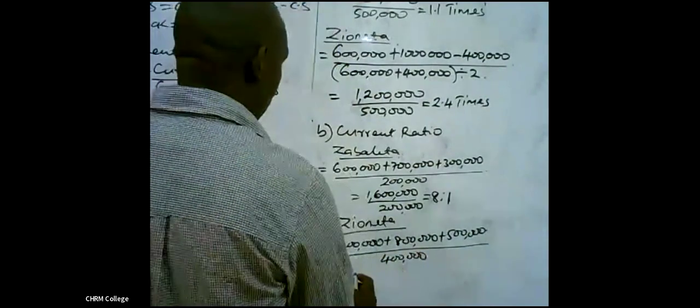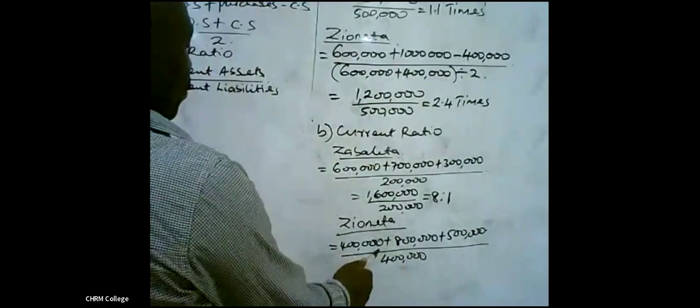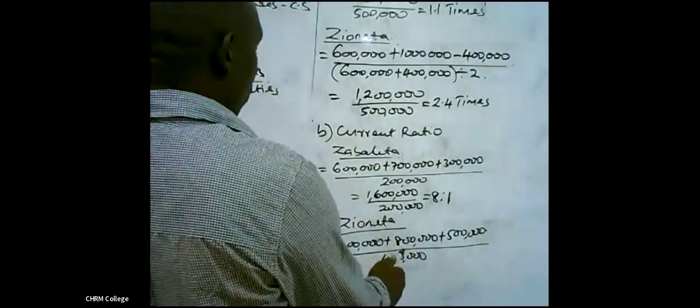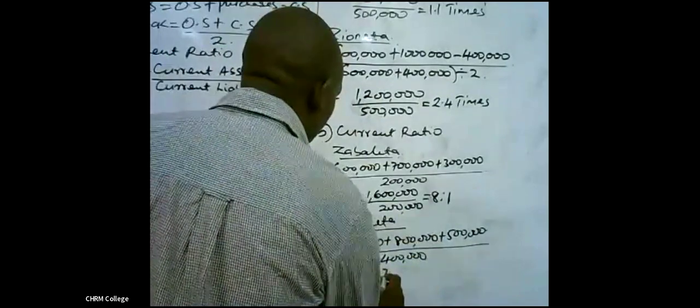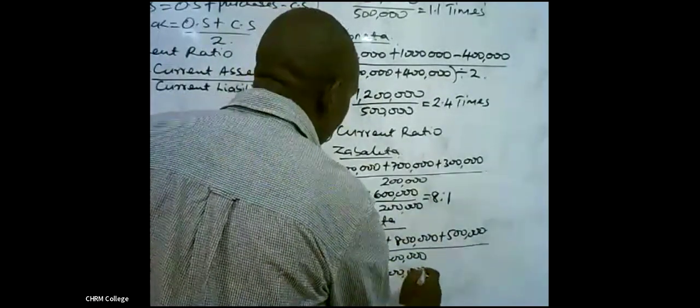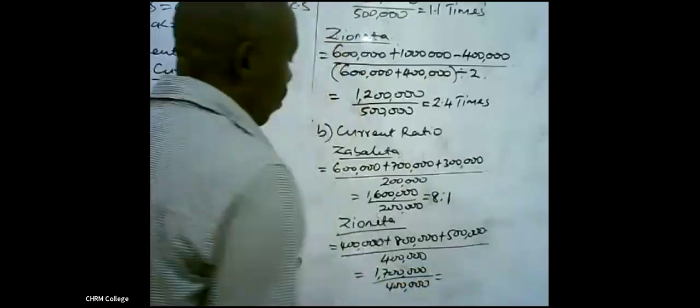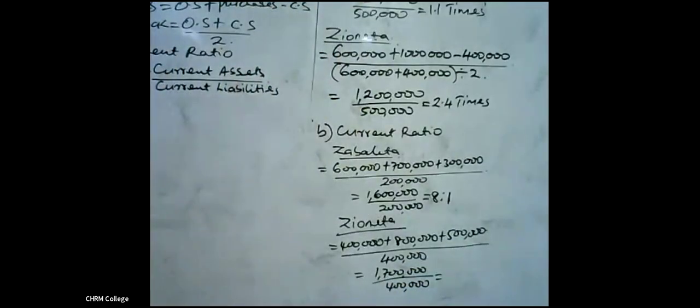If you add the numerators, this is 1.7 million. You divide by 400,000, and you get 4.25.